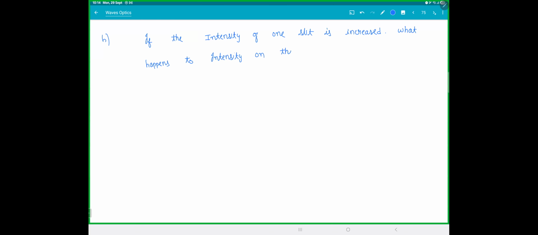Options will be like intensity will increase everywhere, intensity will decrease everywhere, intensity will increase at some places and decrease at some places, right? So something of that sort. What happens? Initially, both are the same. One of the intensities is increased.